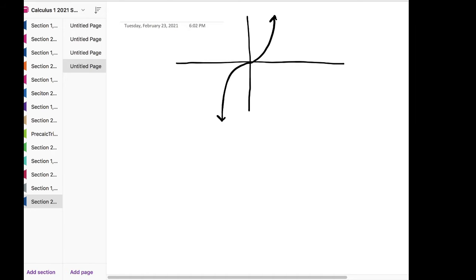Okay, so let's do this. When we start over here, draw this tangent line. What is the slope of the tangent line here?